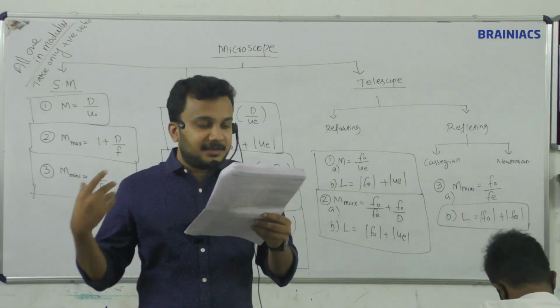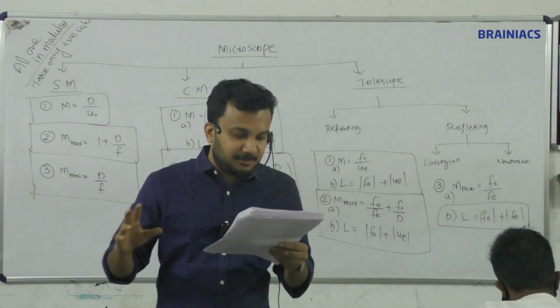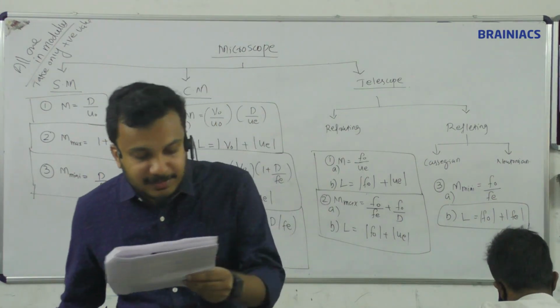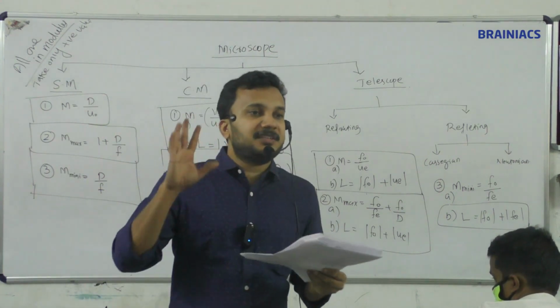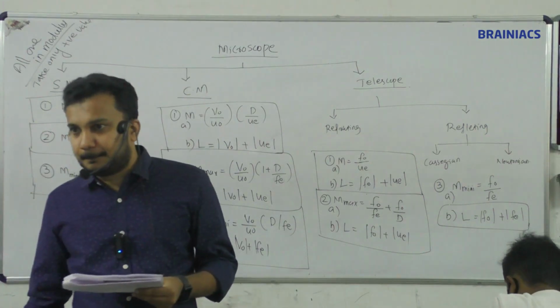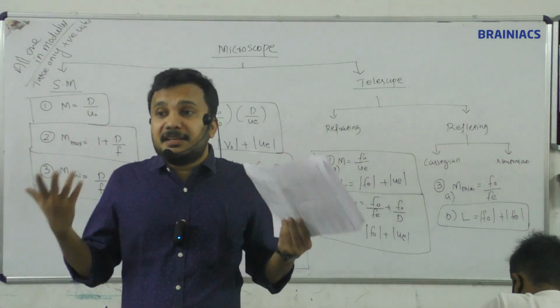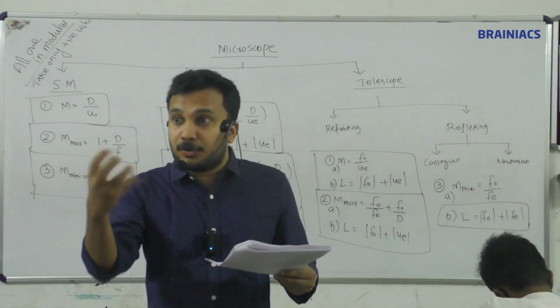A person can see clearly only up to a distance of 30 centimeter and he wants to read a book which is placed at a distance of 50 centimeter. So the book is placed at a distance of 50 centimeter, so U equal to minus 50. And he can see the object up to where? The book creates an image.